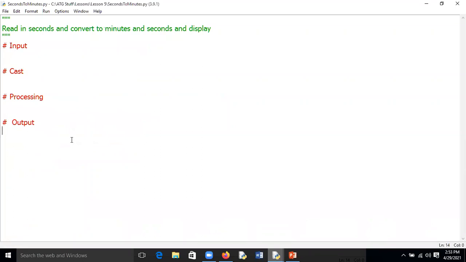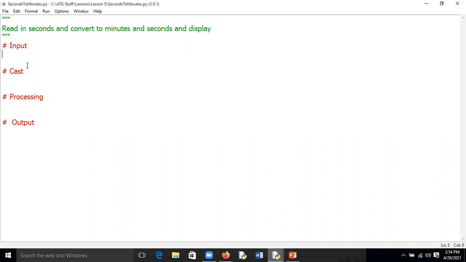If I told you 635 seconds, it's actually 10 minutes and 35 seconds. Now, this is where we actually use one of our mathematical operators. We're going to be using integer division and we're going to be using the mod. Remember the mod, it divides two numbers, gives you the remainder.